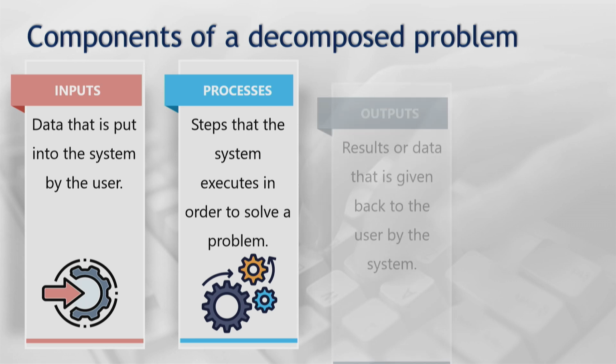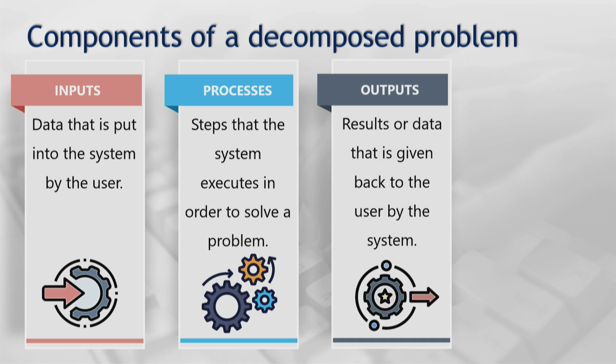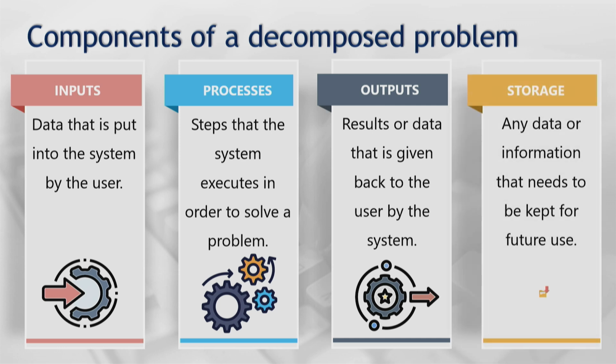Number 3. Outputs. These refer to results or data that is given back to the user by the system. Finally, number 4. Storage. It is any data or information that needs to be kept for future use or that will be used by another process.